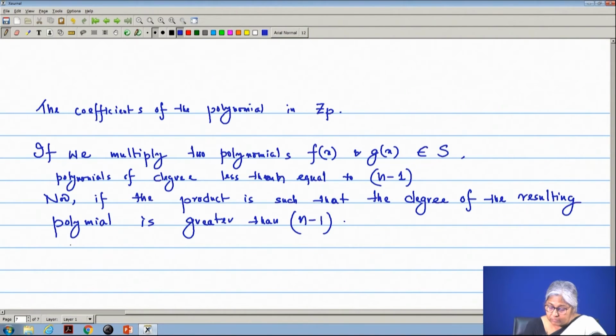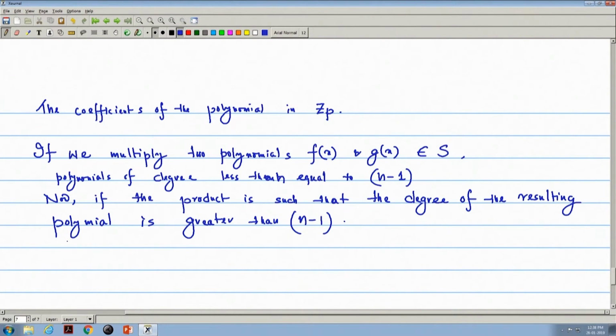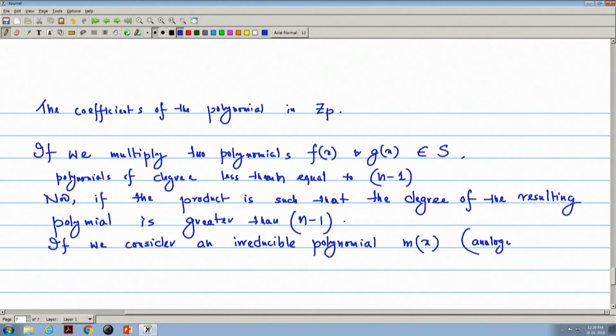So, the way we have done the modular arithmetic, now if we consider an irreducible polynomial m x, which is analogous to a prime, and that is why we call it prime polynomial also.